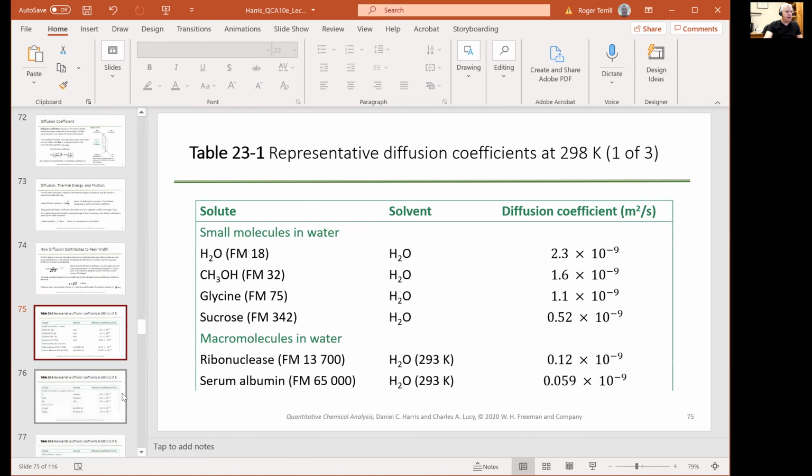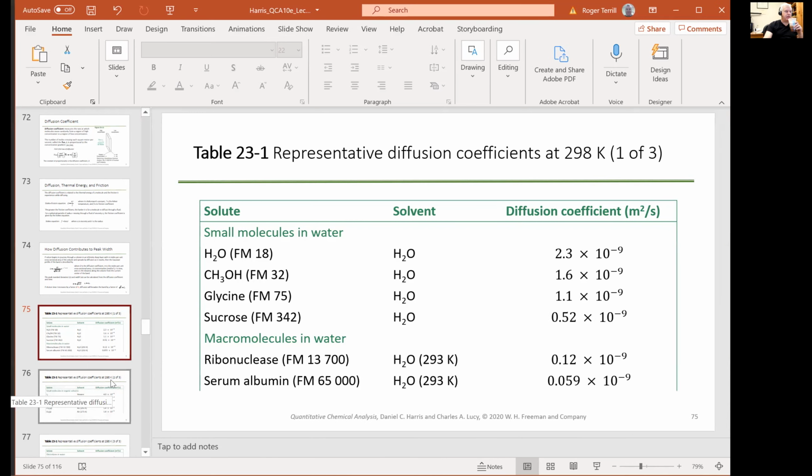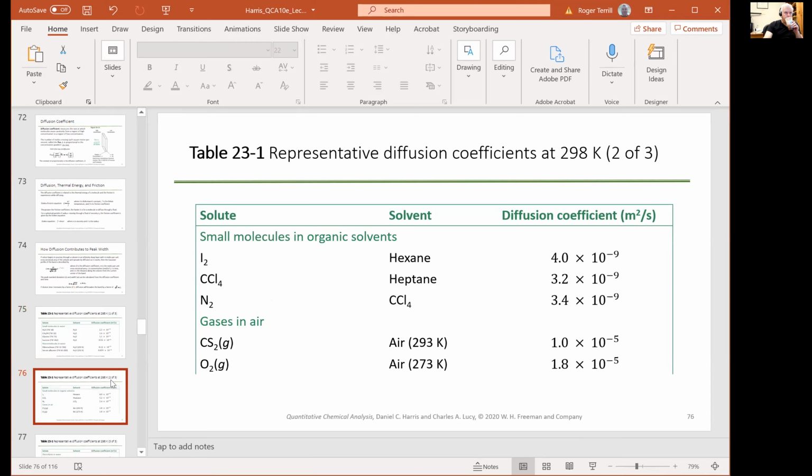And here are some diffusion coefficients, around 10 to the minus 9 square meters per second. But anyway, none of these matter. It doesn't matter what the magnitude of the diffusion coefficient is.